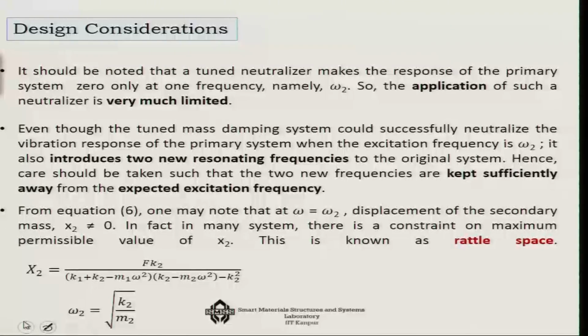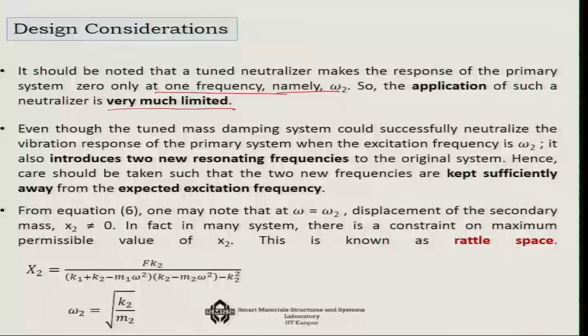Now, what are the design considerations for it? It should be noted that a tuned neutralizer makes the response of the primary system 0 only at one frequency, that is at omega 2. So, the application of such a neutralizer is very much limited. There are some cases which we will see where we can change this, but in this case definitely it is very much limited.